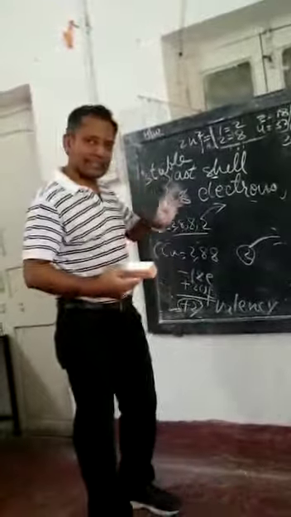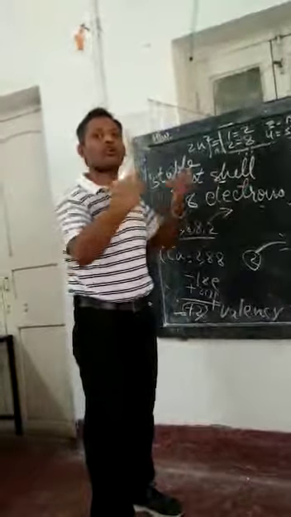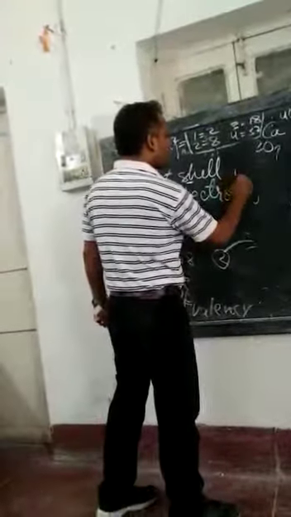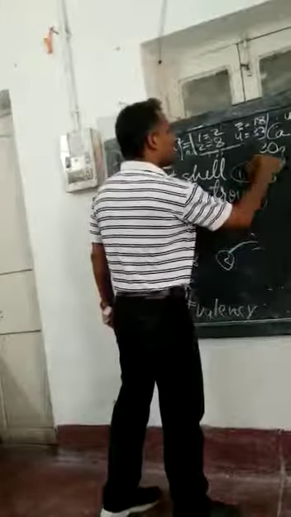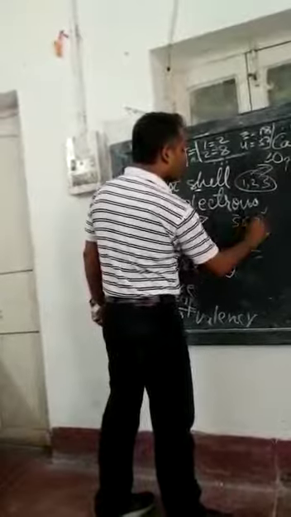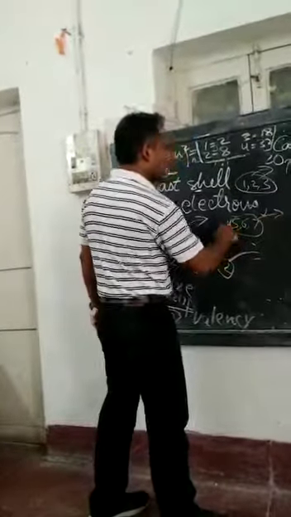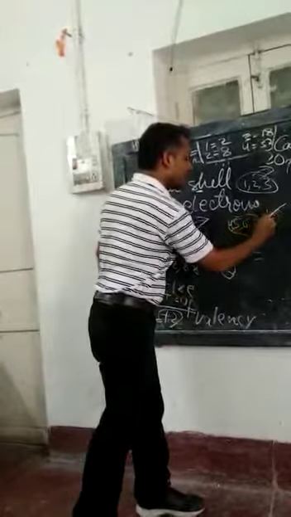So to become stable, that is to have 8 electrons in the last shell, an atom may take or give electrons. When an atom has 1, 2 or 3 electrons in the last shell, it will give electrons. When it has 4, 5, 6, 7, it will take electrons.